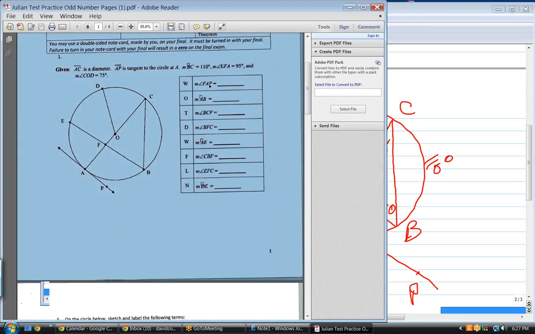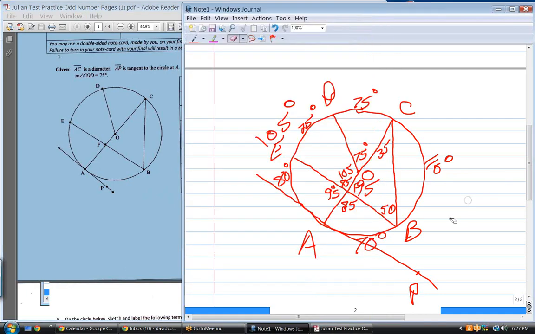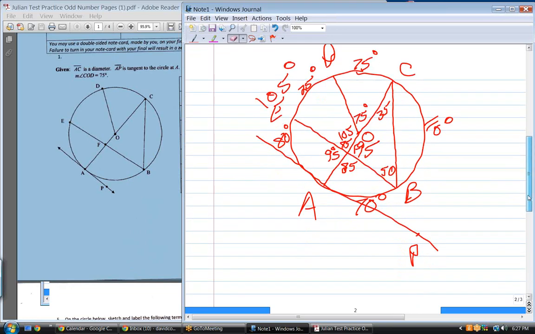It can be a little difficult sometimes to do it in the order they ask because you have to figure out something else before you can figure out that. So the best thing to do is to take your picture and fill in as much of it as you can without even looking at the questions, and then do it the other way. In other words, do the questions based on your figure.